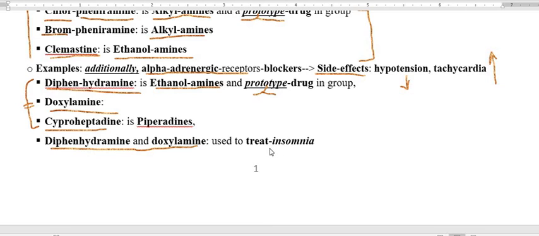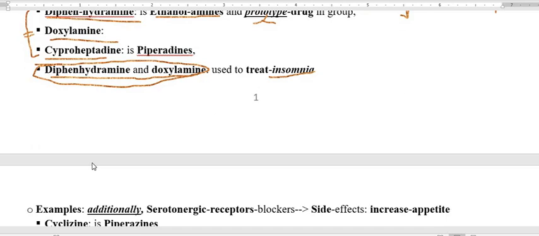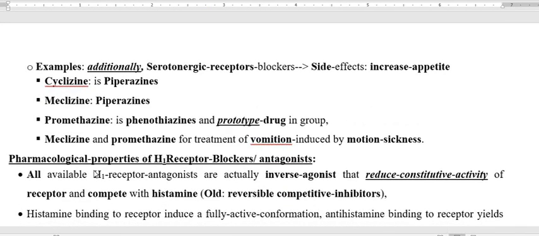So for the treatment of insomnia, we use the drugs diphenhydramine and doxylamine. It will inhibit the sleeplessness, so it is used for the therapy of insomnia.